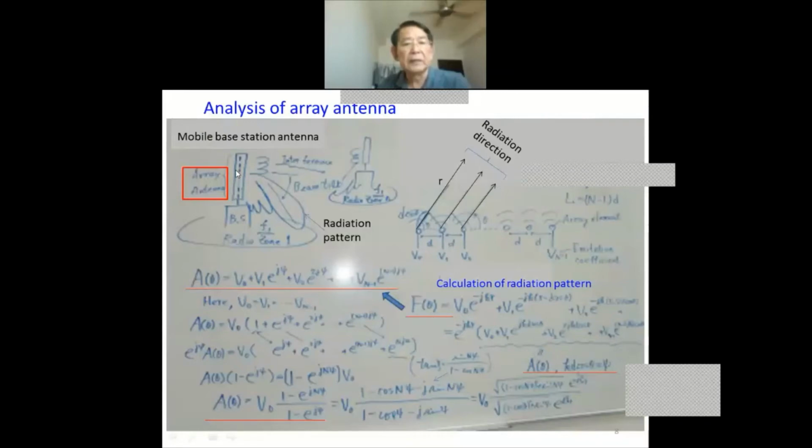The array elements are placed in the vertical plane, and the radiation goes in the horizontal direction. So the radiation is constantly in the normal direction. This is the operation of the broadside array.